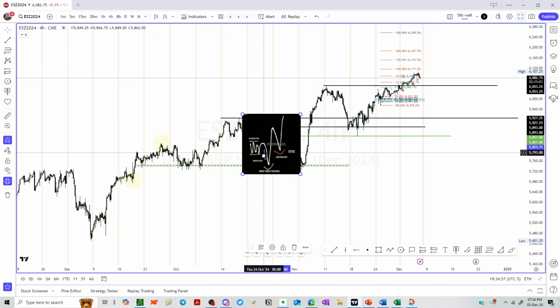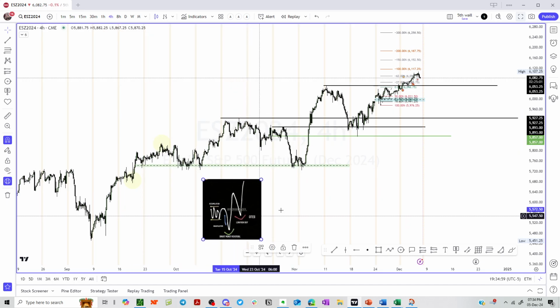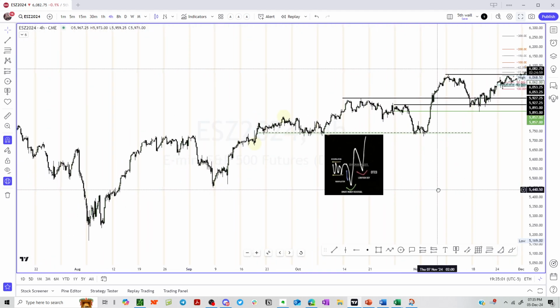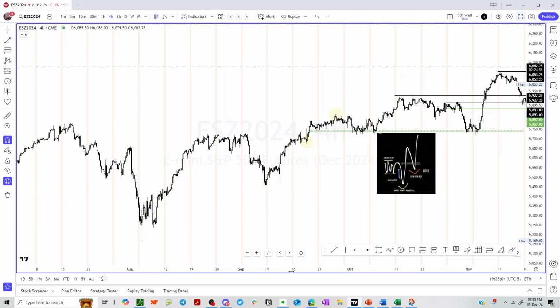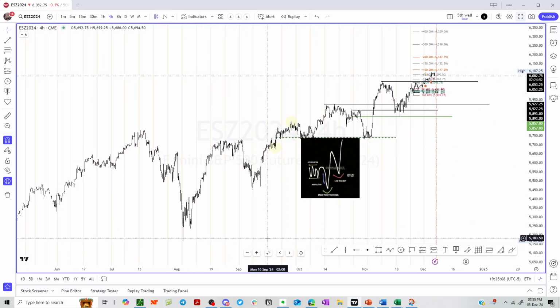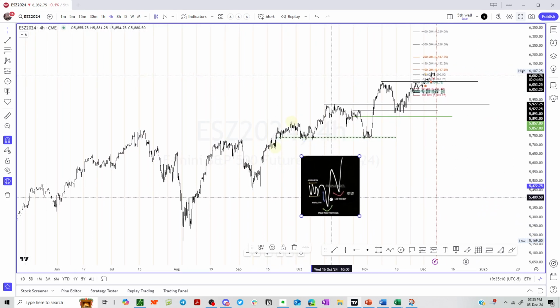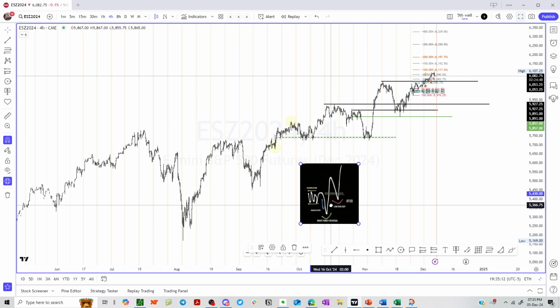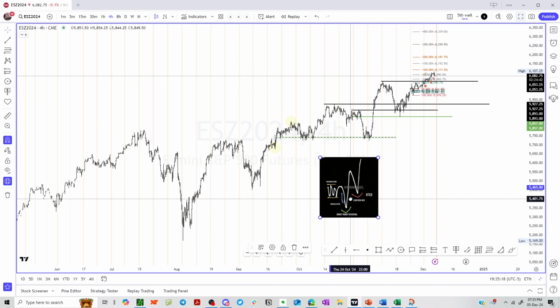Do you see this on the chart? Do you see this anywhere? Is that hard?